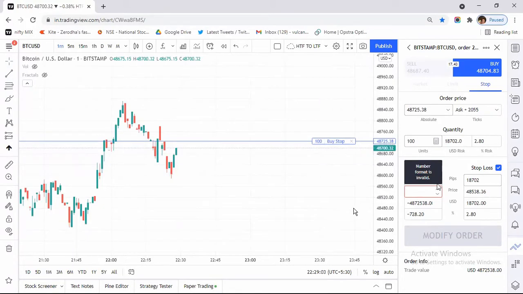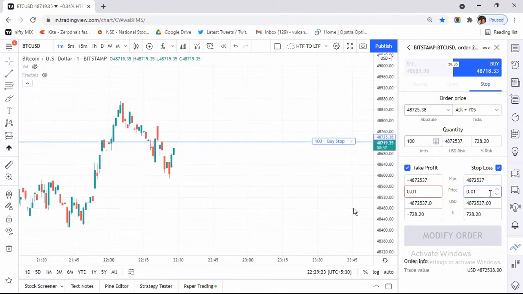This is not a valid number. Not triggered. Okay. So in this take profit and stop loss, you should always enter your stop loss and profit target. 48600. This is also not valid.